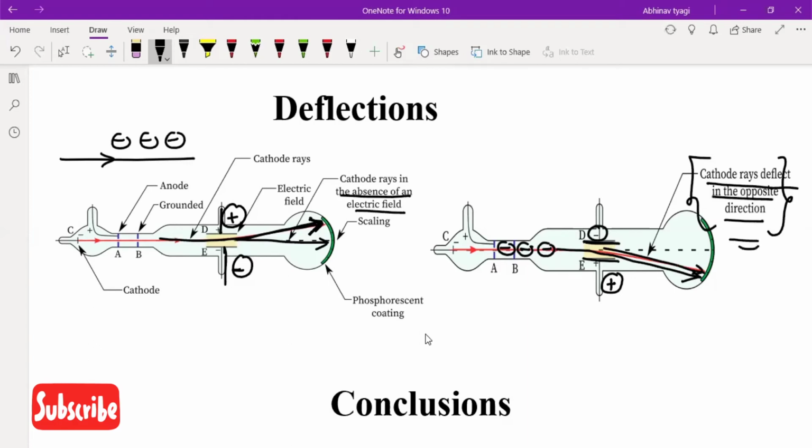So through this way, Thomson concluded that the cathode rays are made up of electrons, which are negatively charged, and he showed different observations with the help of electric field and magnetic field, and later on the Nobel Prize was given to J.J. Thomson for the discovery of electrons.